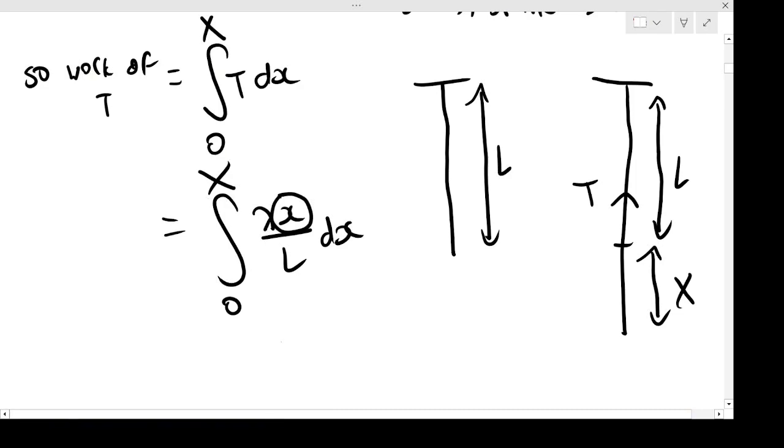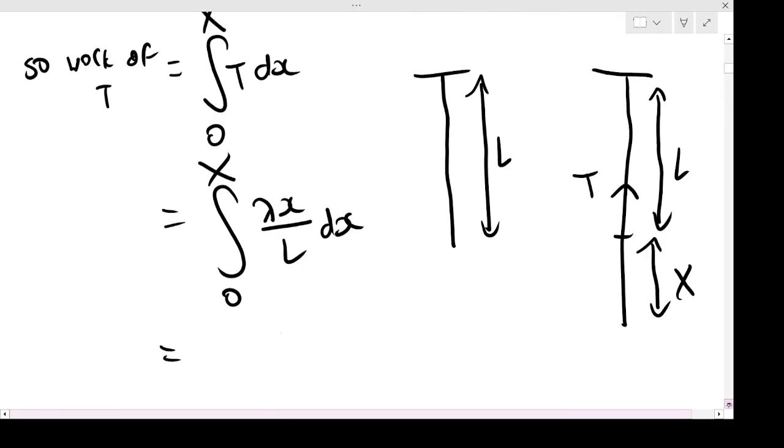So the little x will increase from 0, when there's no extension, towards the final extension X. So x refers to the extensions throughout the stretching, okay? That makes sense? Okay, so let's work out this integral.